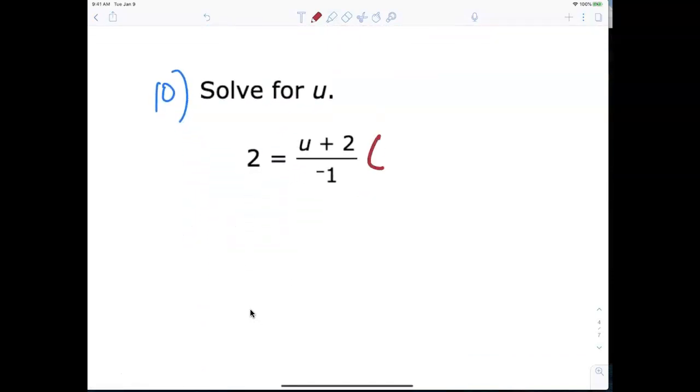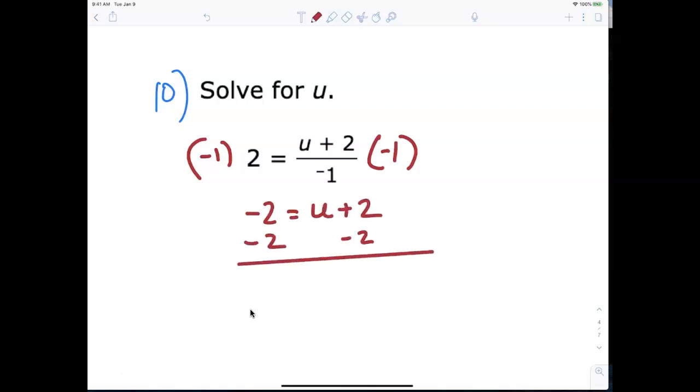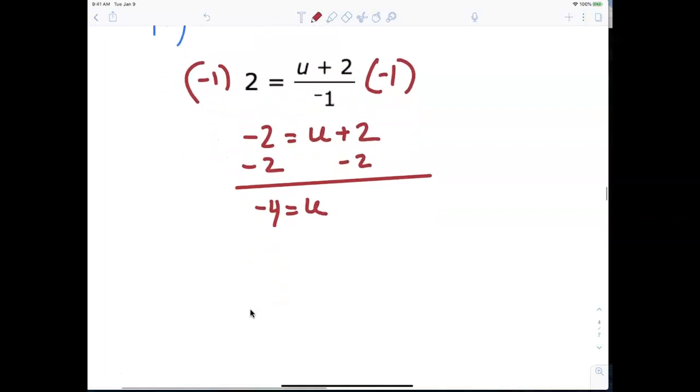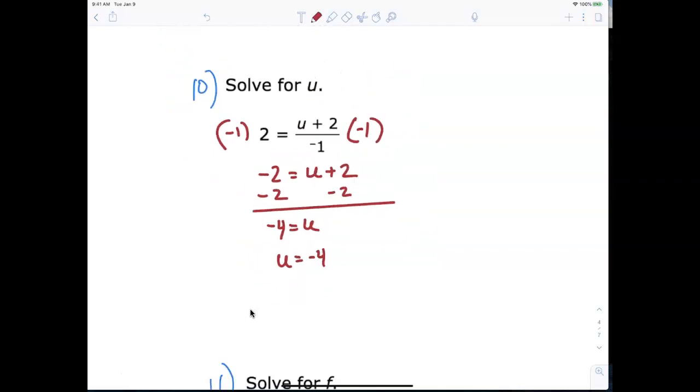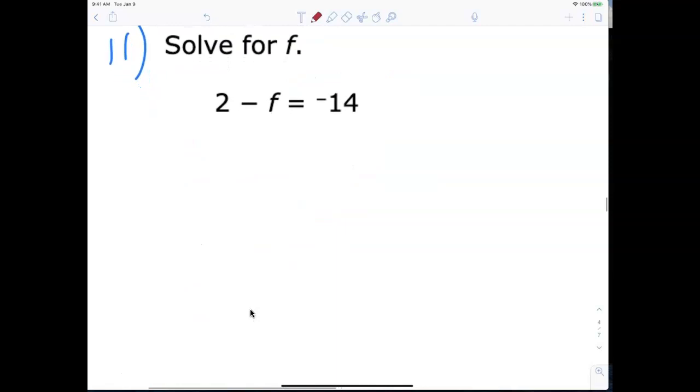Again, just multiplying by negative 1. So I have negative 2 is equal to u plus 2. Subtract 2. And so negative 4 equals u. Or we could just say u is equal to negative 4. Number 11, subtracting 2.